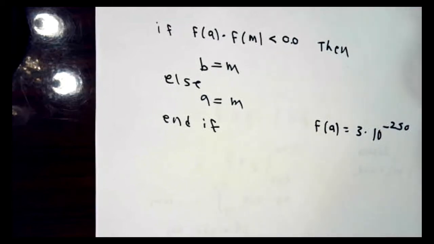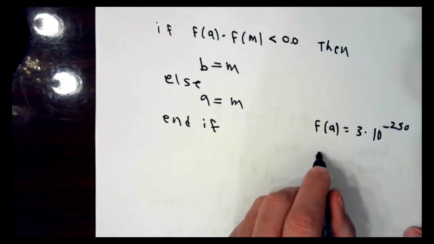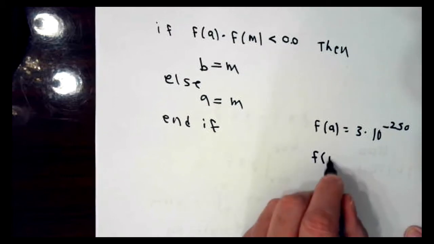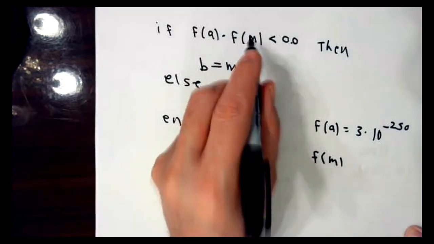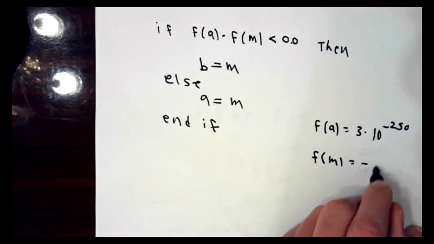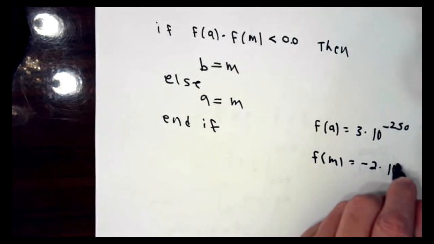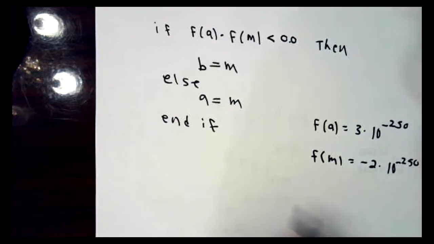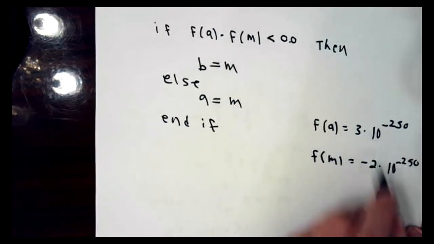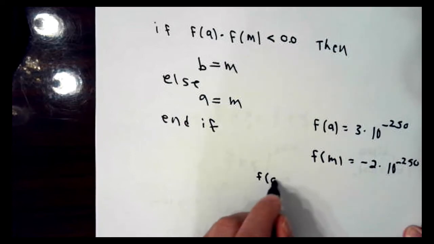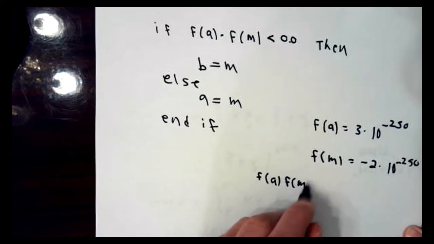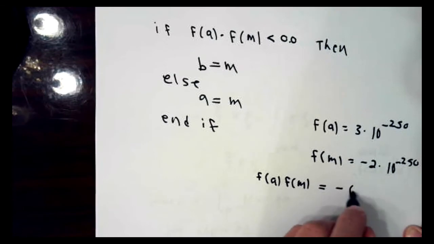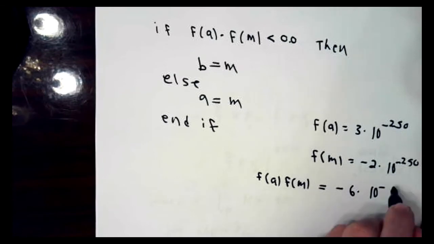You might think this can't happen, but it does. And maybe f of m at our computed midpoint is negative 2 times 10 to the negative 250 power. In the computer, f of a times f of m is going to be negative 6 times 10 to the negative 500 power.